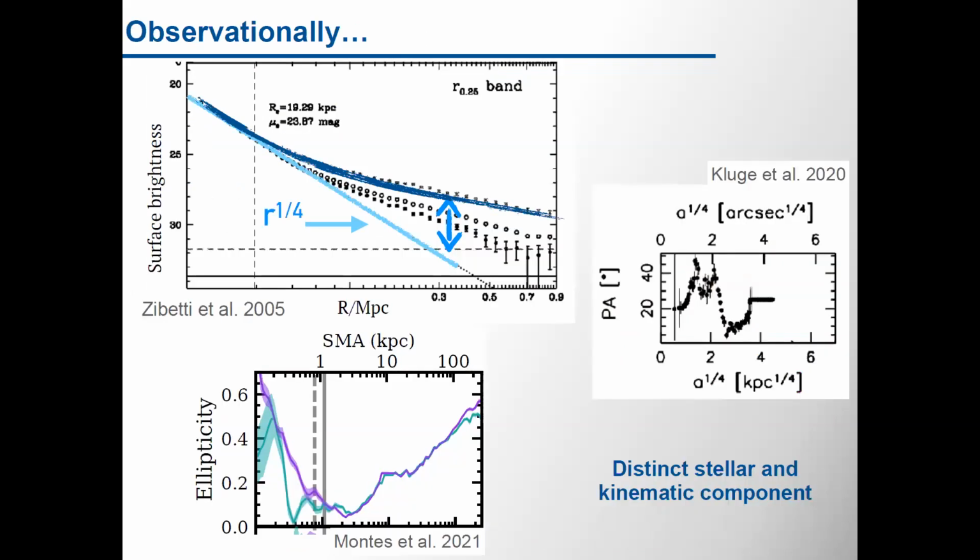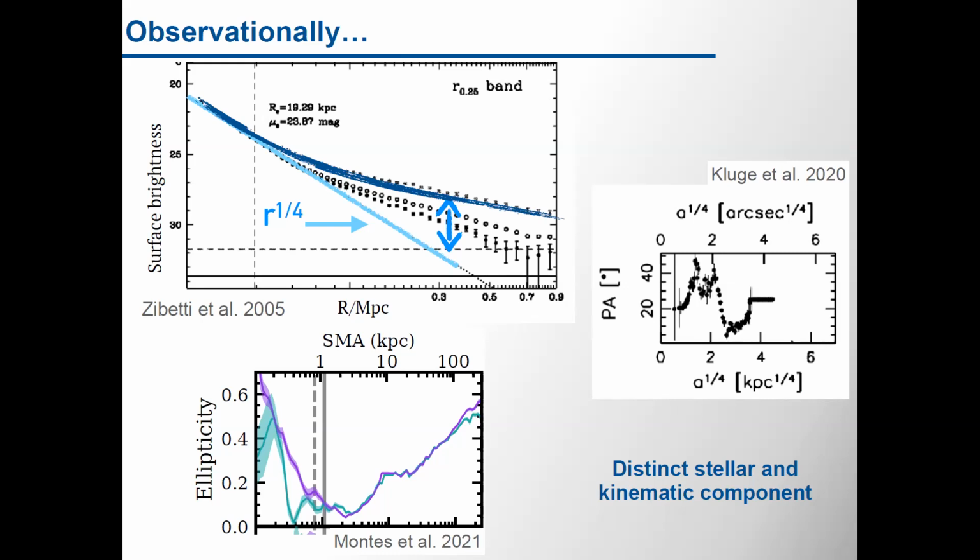But normally we don't have that information. So in images, what we see is that this diffuse light appears as an excess of light above the component that describes your brightest cluster galaxy.